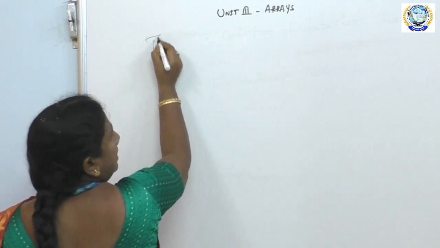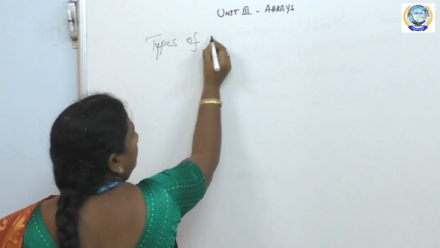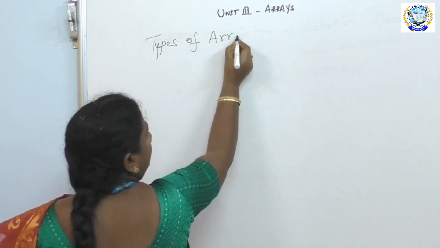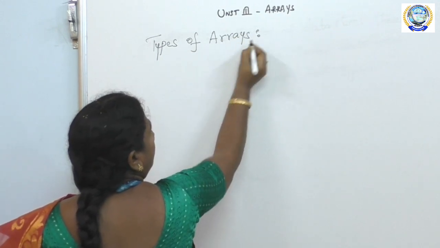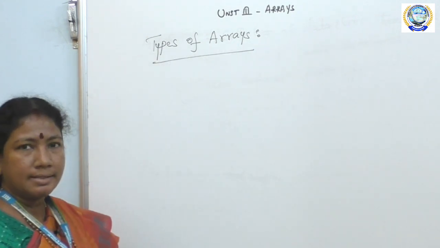Types of arrays. We have three types of arrays.